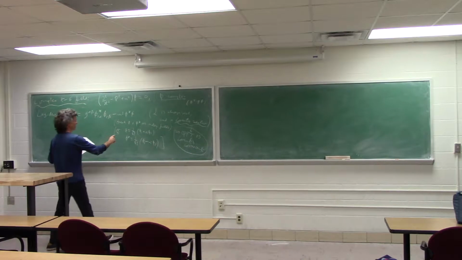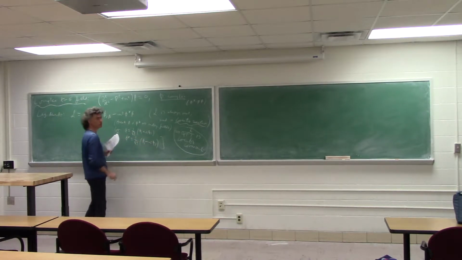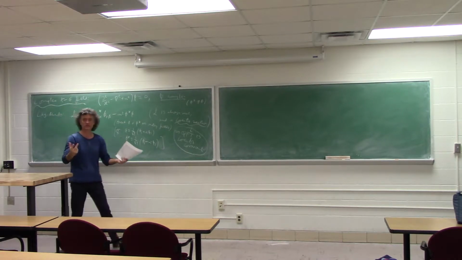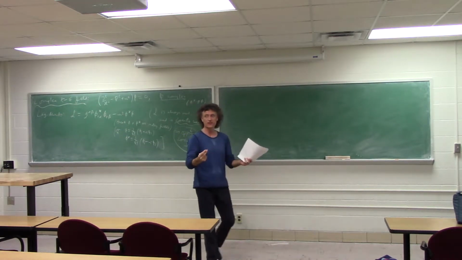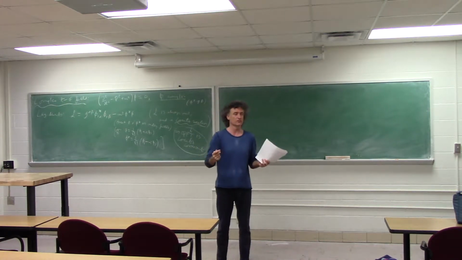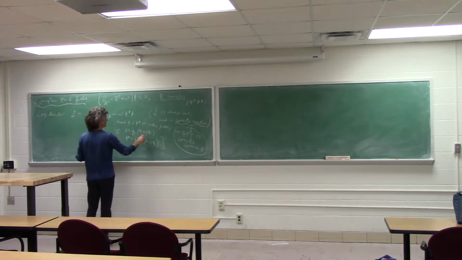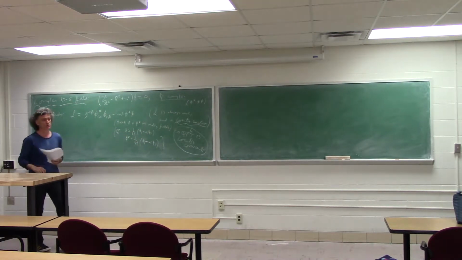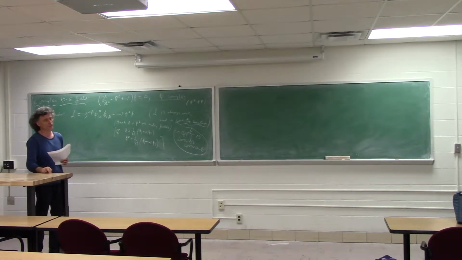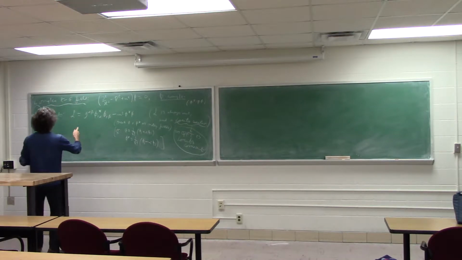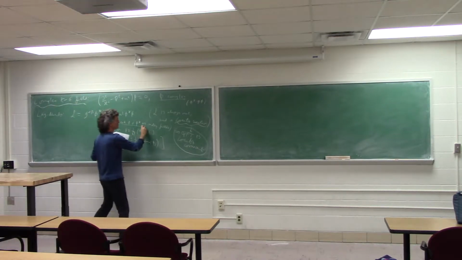If you write phi like this, where phi1 and phi2 are real, and plug it in, the Lagrangian density becomes just a sum of two Lagrangian densities for two real Klein-Gordon fields. We've already done the real Klein-Gordon field. You just have two of them, phi1 and phi2, and you can do the development that way. It's completely equivalent.